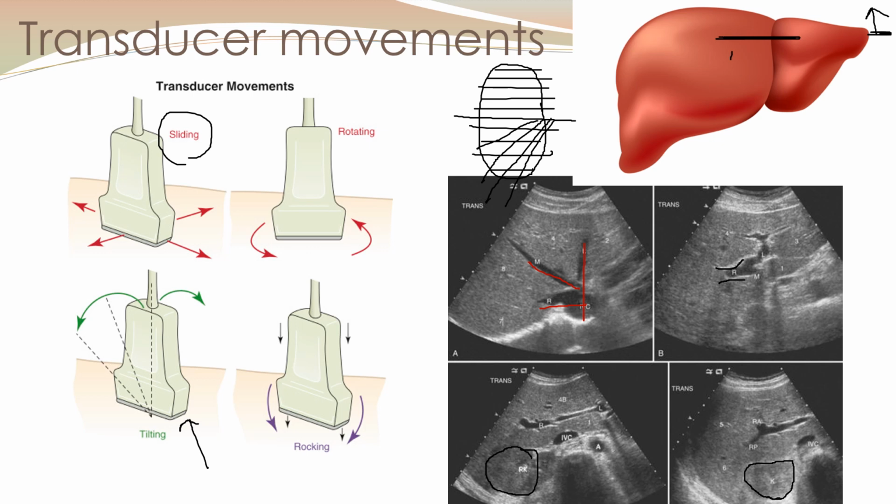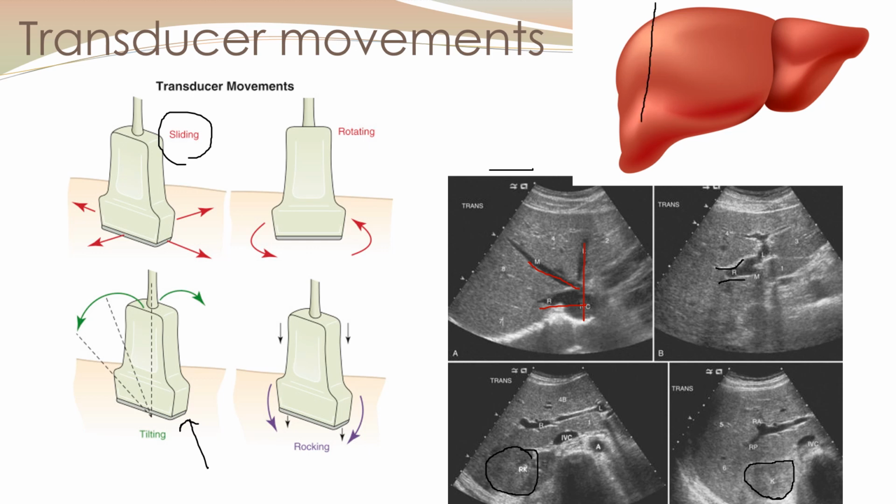Now, rotating is the next one I wanted to look at. Rotating a transducer. Let's say I'm looking to get a long image of the right lateral lobe of my liver here.